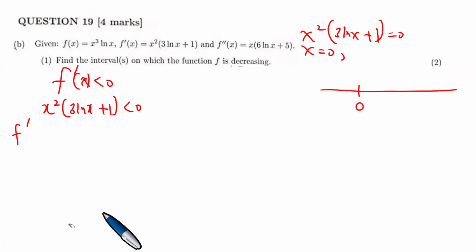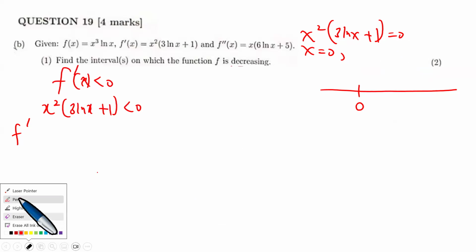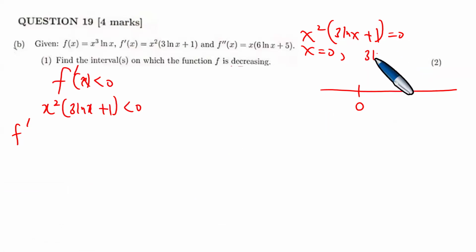For the expression within the parentheses, 3 ln x is -1, so x is actually e to the power -1/3.